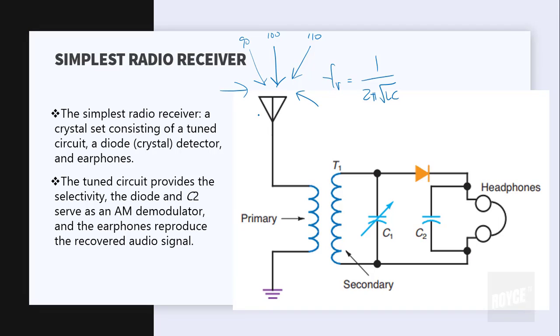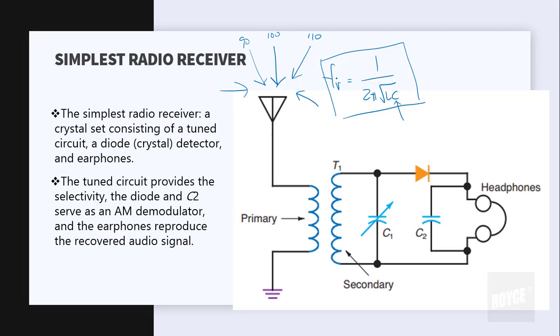Now, sino yung magse-select? So, we have our tuned circuit. Itong LC tank circuit natin. Anong gagawin yan? By varying the value of capacitance, i-vary natin yung resonant frequency.